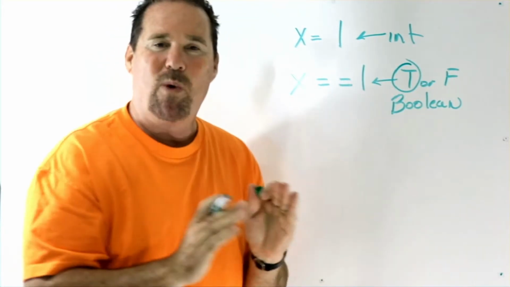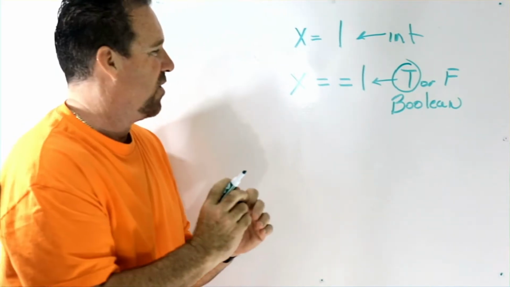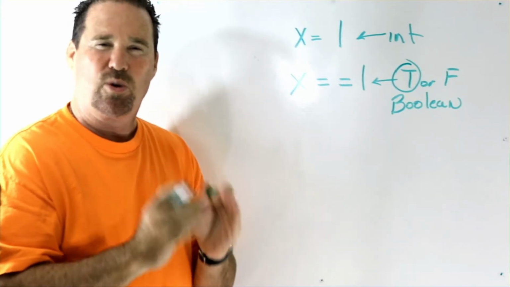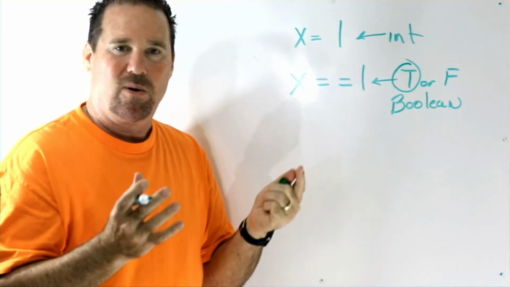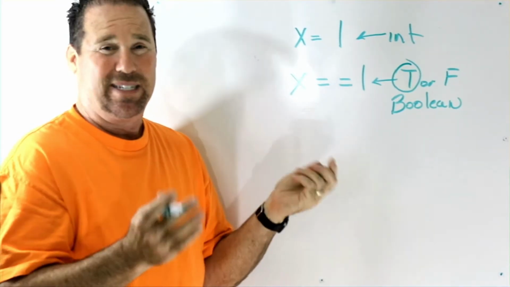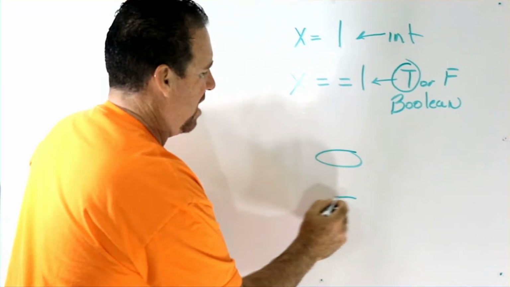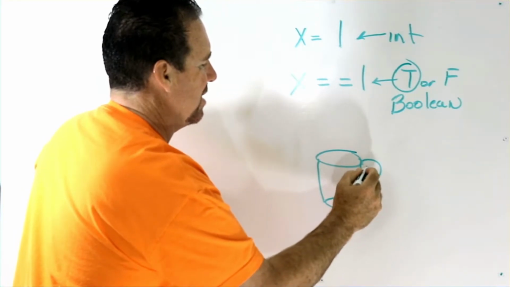But here's how I want you to see variables. Here's what I thought the videos didn't do a very good job of. Usually when you have a variable, it's just something to store data. And that number is data, or text, or whatever you put in it is data. So how is it stored? Here's how it's stored. I have a cup like this, and it goes like this, and it goes like that.